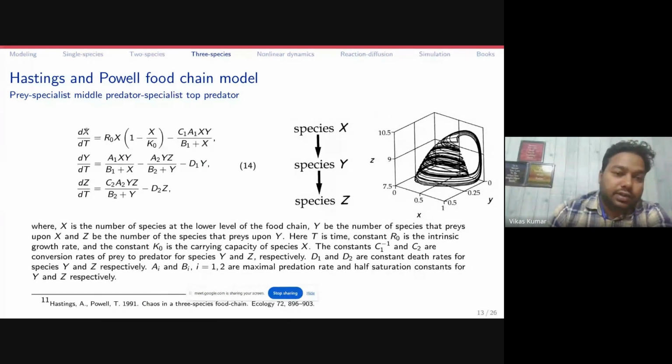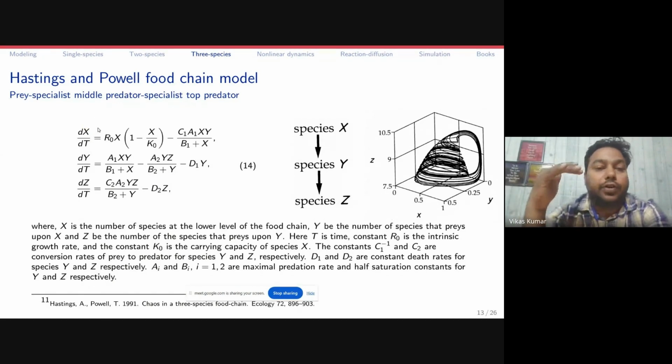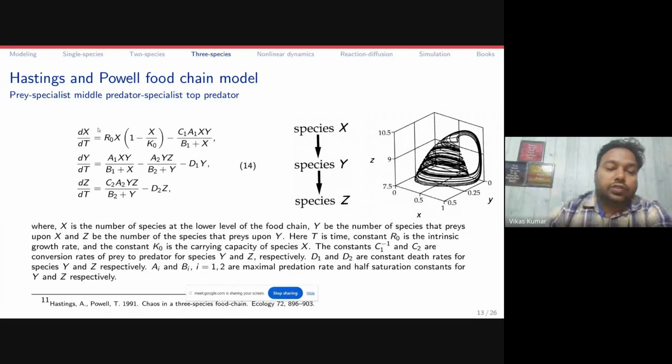For example, X is the prey population, which is like the primary producer population. It grows logistically, as you can see here, K naught is the carrying capacity parameter, and it interacts with the Y population with a Holling type two functional response. You can take type one if you want.